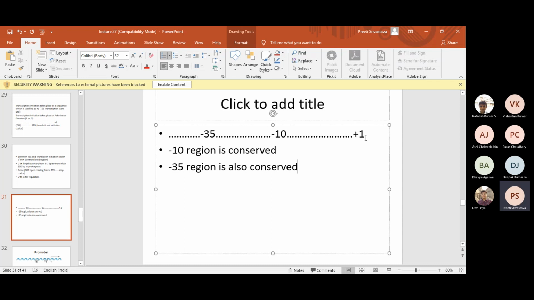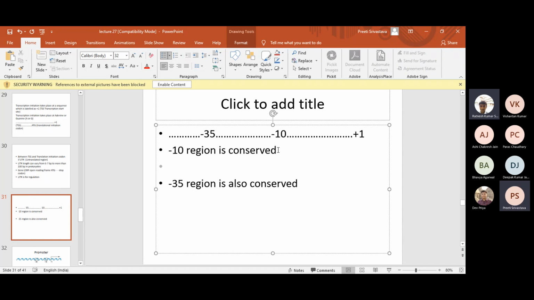What I mean by conserved is that the sequence present in the -10 and -35 regions is exactly the same in most of the promoters, in most of the organisms. Ma'am, in this numbering, +1, -10, -35, is there a zero or no zero? There is no zero actually.